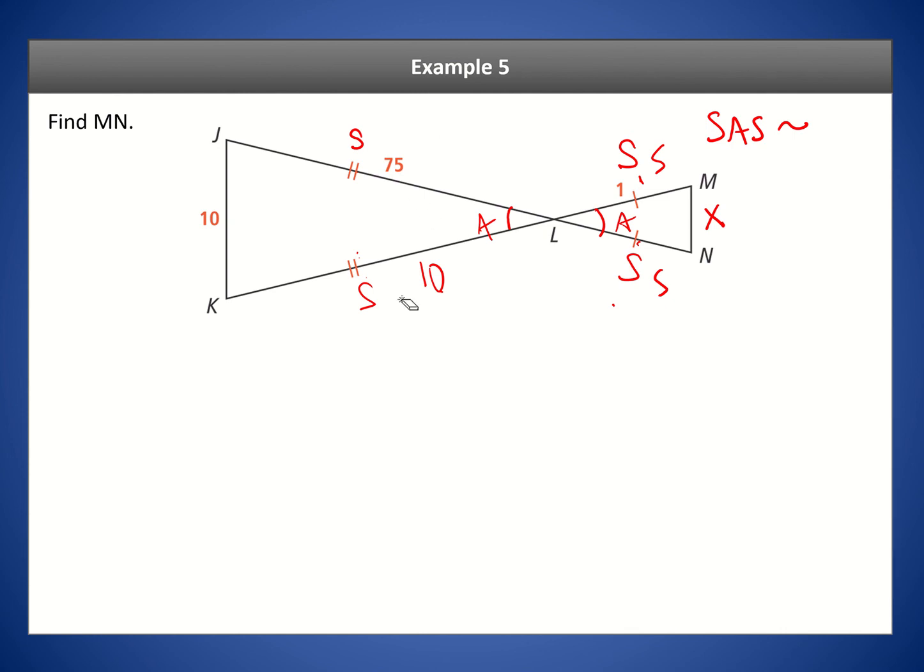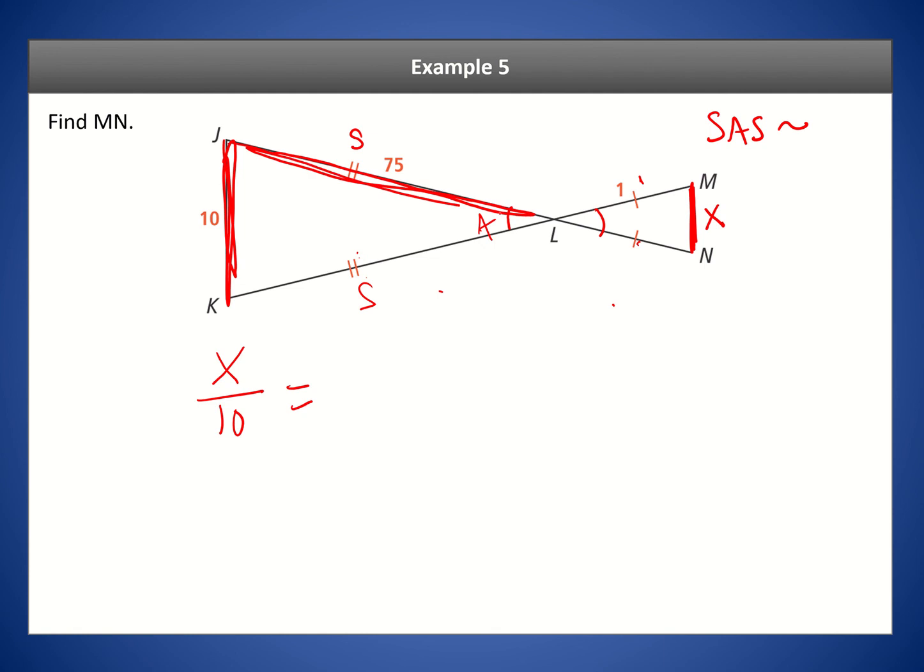Now that we established that they're similar, that means that we can use proportionality to help us find the missing side, MN. So X here is clearly proportional to 10, if you were to look at those two triangles. So X is to 10 as, and you can clearly see that 75 here is proportional to this number right here.